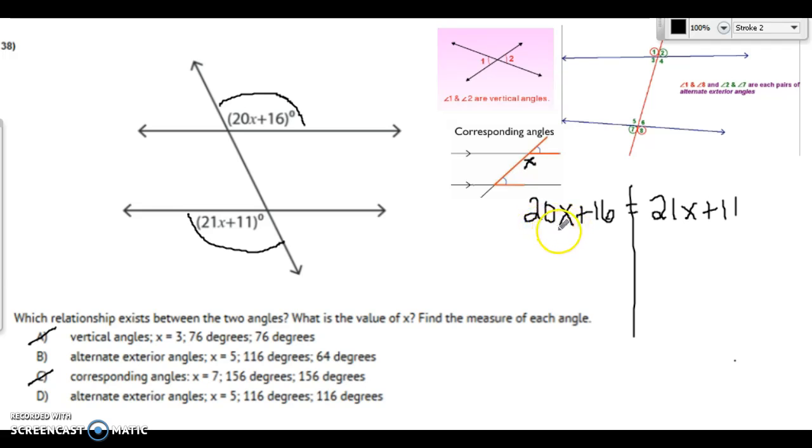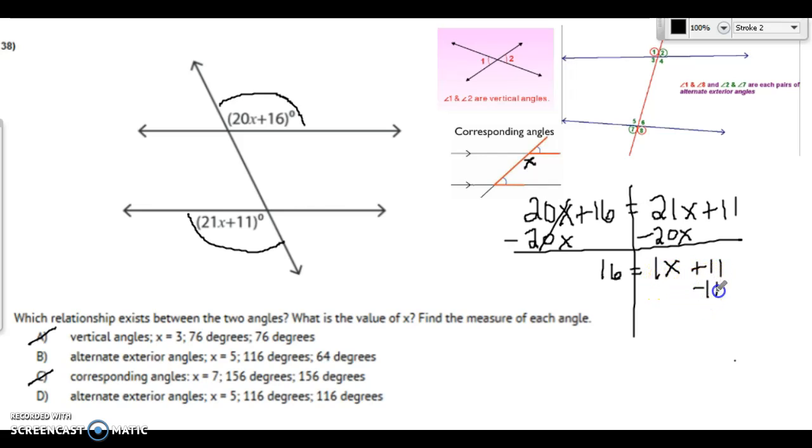Since I have an x on this side and an x on this side, I like to find the smallest one and get rid of it. Since 20x is smaller than 21x, I would subtract 20x from each side. Now my goal is to get this x by itself, so I need to get rid of the plus 11.